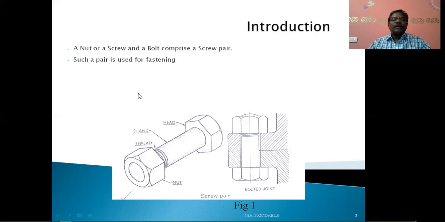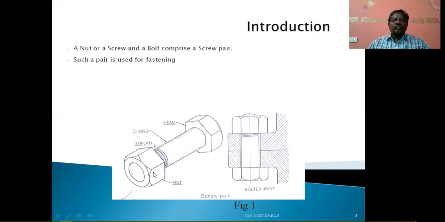Here you can see the screw pair, that is a hexagonal headed bolt with a nut. It consists of one head in the shape of a hexagon, and a shank of nominal diameter, and also a threaded portion. At the end of the threaded portion, we have a hexagonal nut.